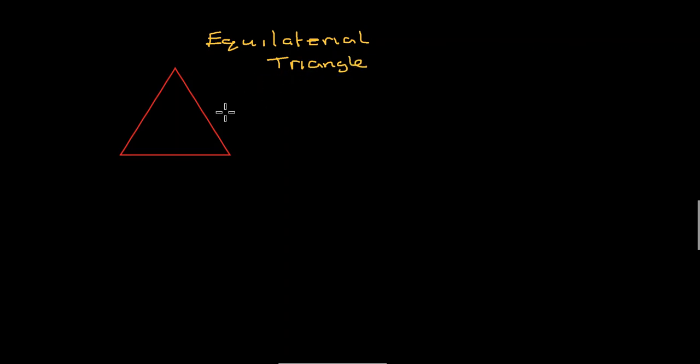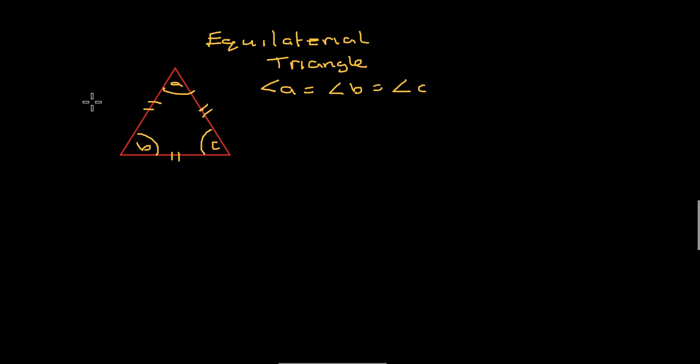what that would mean is that, let's say, the angle A, the angle B, and the angle C. So the angle A will be equal to the angle B, will be equal to the angle C. So all those angles will be equal to each other. But also the 3 sides will be equal to each other.